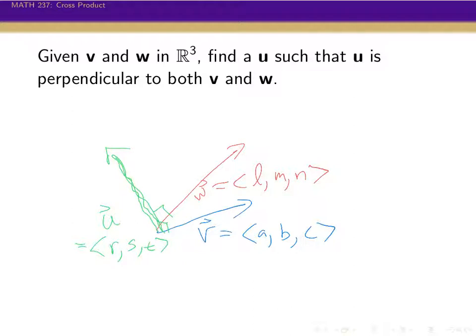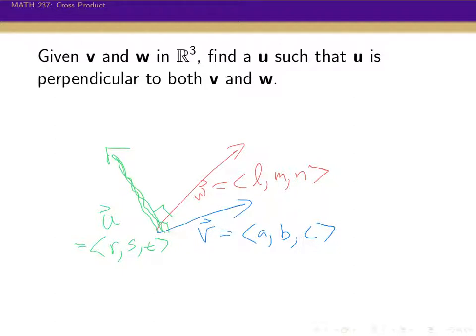So in the last video, when we talked about dot product, the dot product is one way to detect when 2 vectors are perpendicular to each other. If the dot product is equal to 0, then we know that u is going to be perpendicular to that vector.